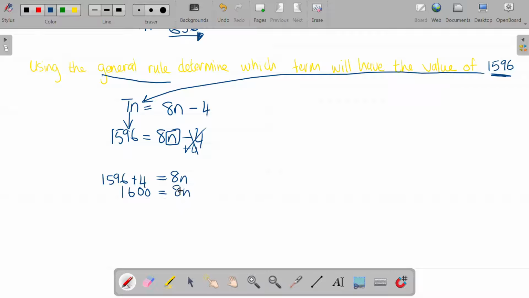And now how do we get rid of the 8 so that we just have our n? We need to divide by 8, because 8 divided by 8 is 1, and that will just leave us with 1n, which is pretty much just n. And if you do that to the one side of the equation sign, you have to do it to the other side. So therefore, n, if we simplify this, will become 200.